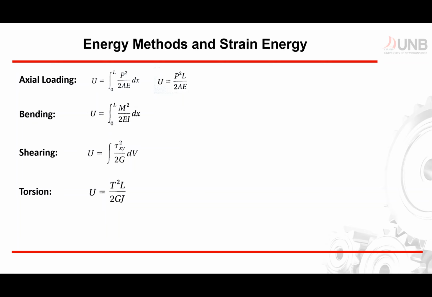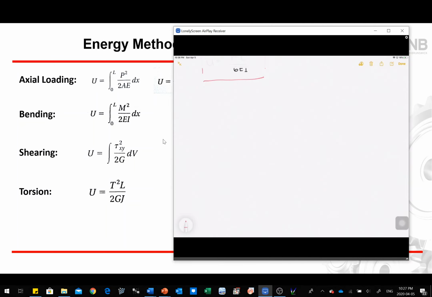Now we're going to use the equation for torsion, which has the equation of U is equal to T squared L divided by 2GJ, with J the polar moment of inertia.